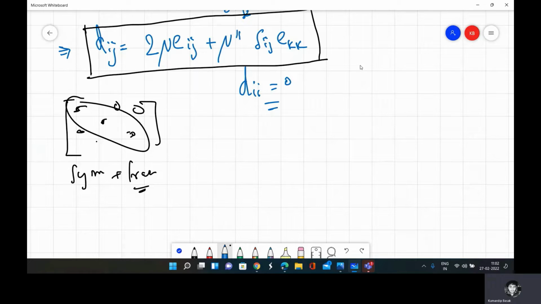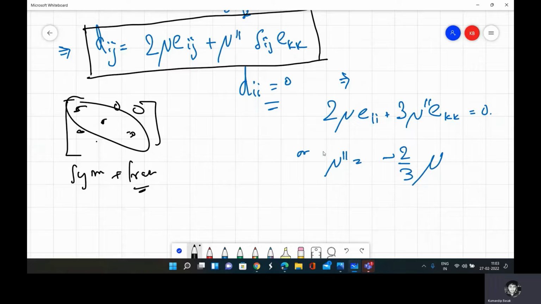So you apply i equal to j, what you will get: 2 mu eii plus 3 mu double dash ekk equals 0. What is eii and what is ekk? Both are the same. Both are equal to e11 plus e22 plus e33. Cancel out those. Finally, what we get is mu double dash equals minus 2 by 3 of mu.